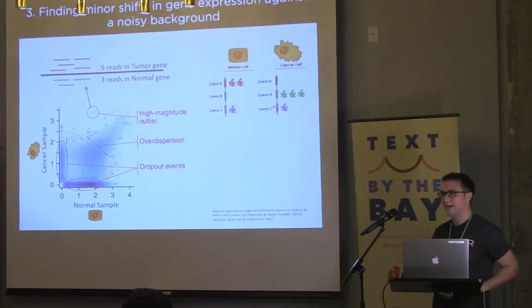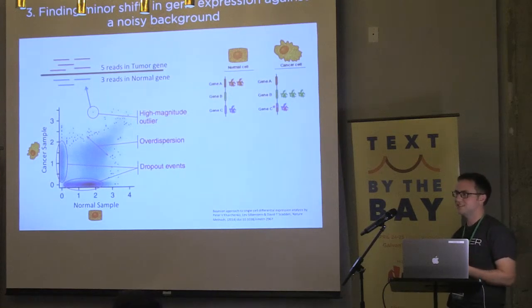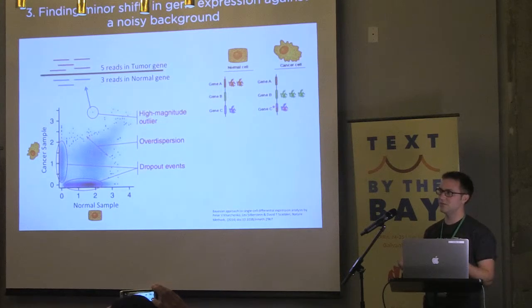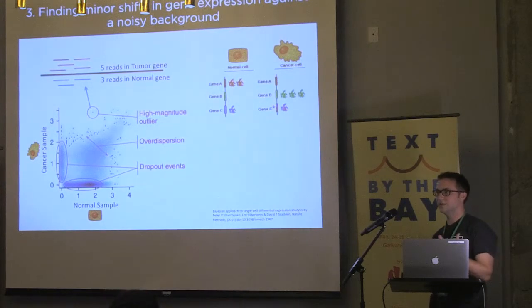And also high-level patterns. Different tumor types will actually have different sets of genes that that tumor type uses to basically be a tumor. And that might be different for lung cancer and breast cancer, for example.